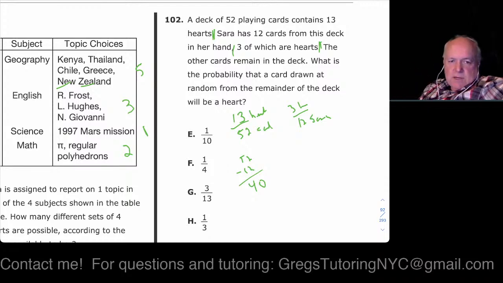And if there was originally 13 hearts and Sarah took 3 of them, then there's 10 hearts left. I'm going to put TC here for total cards. All right. So that means the probability at that point is 10 out of 40. We can drop the zeros and we get 1 out of 4. So that's all they're asking there.